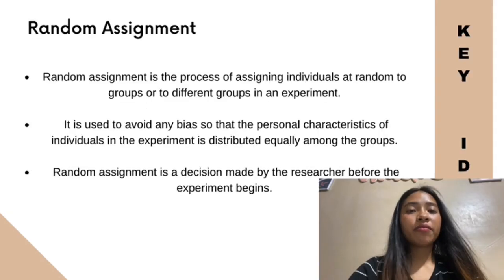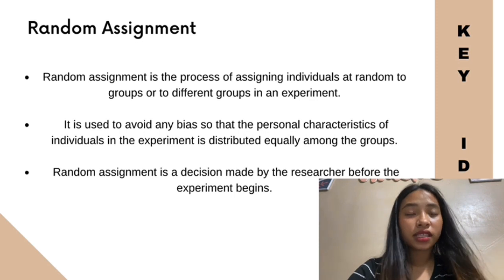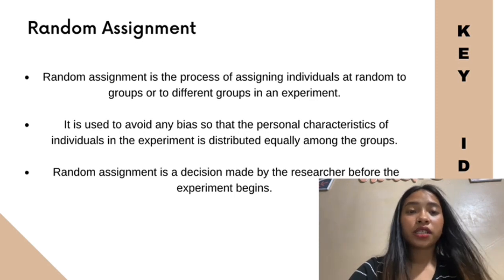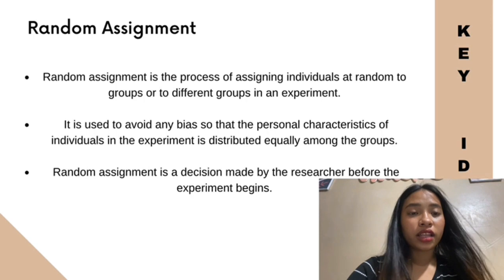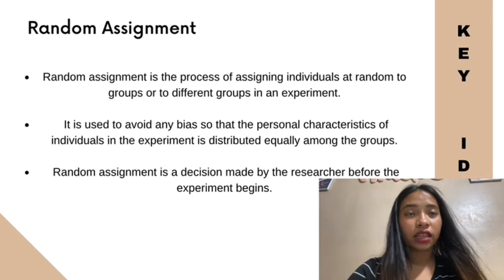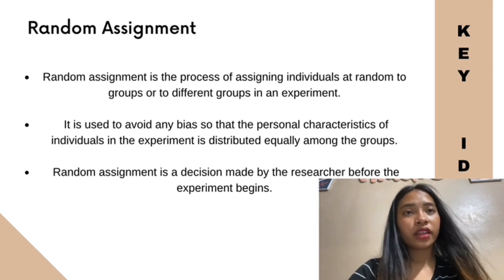Random assignment is a process of assigning individuals at random to groups. It is made to be fair and not biased, so that individuals who have different personal characteristics are well distributed.